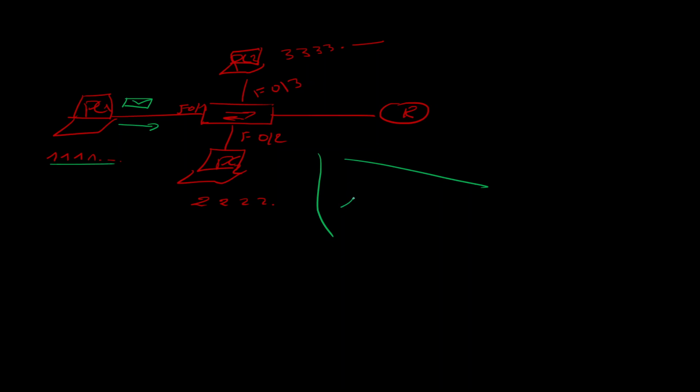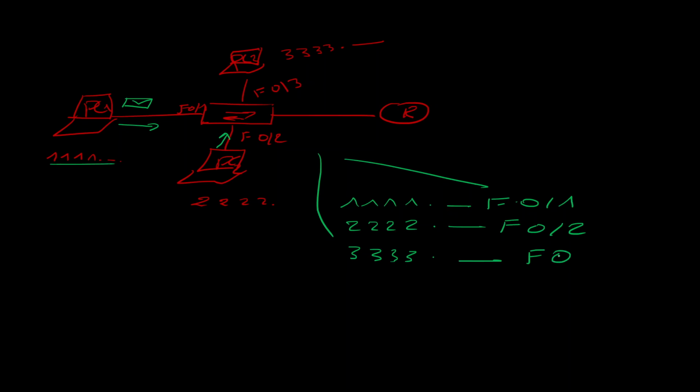It will say 1111 is connected to me via Fast Ethernet 0/1. Then when you plug PC2 into the switch, the switch will get its MAC address and associate it with Fast Ethernet 0/2. And the MAC address of PC3 will be associated with Fast Ethernet 0/3.